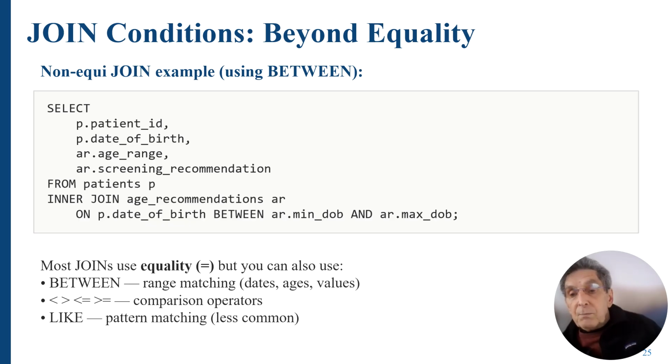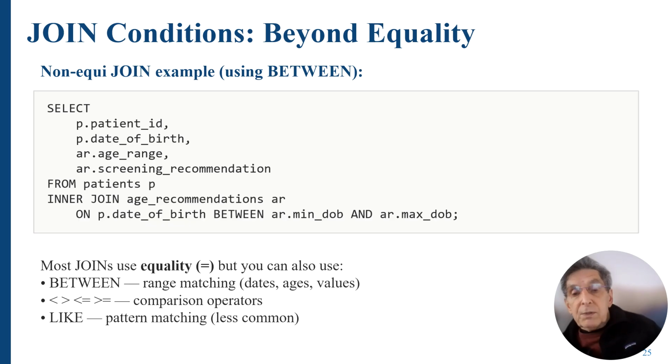So instead of on p.patient ID equals ar.patient ID, we use on p.date of birth between a range, and this matches each patient to the age range that contains the date of their birth, returning the appropriate screening recommendations for appropriate patients based on a calculated age.